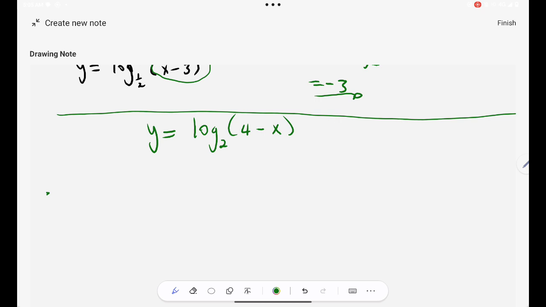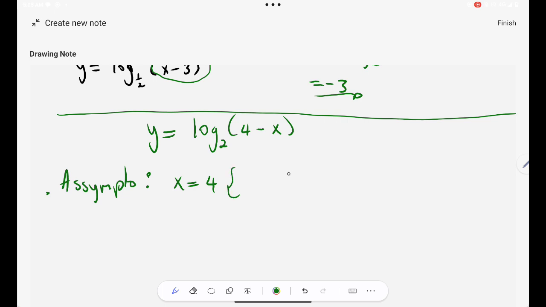Okay, let's go. The asymptote. For the asymptote, x should be equal to 4. How did I get that?